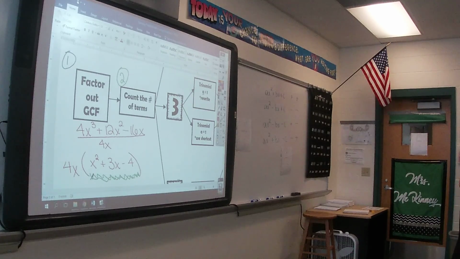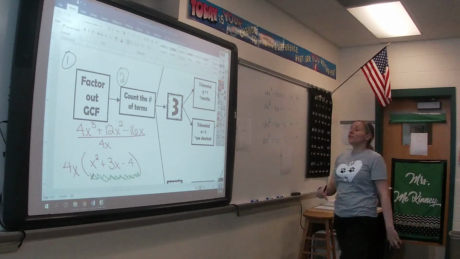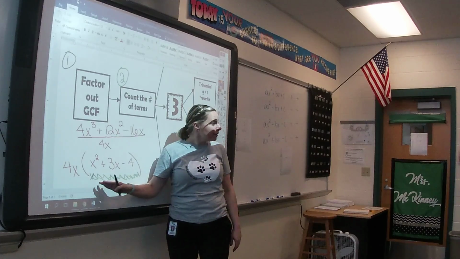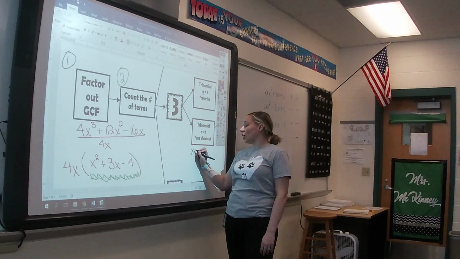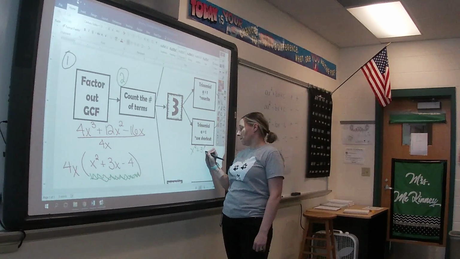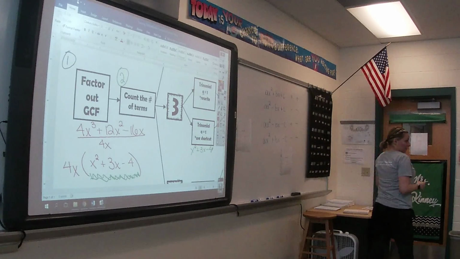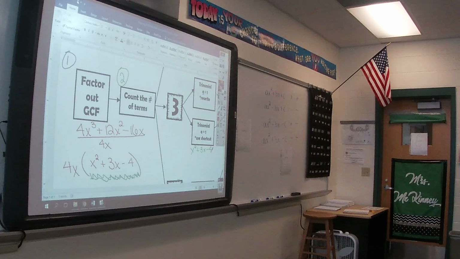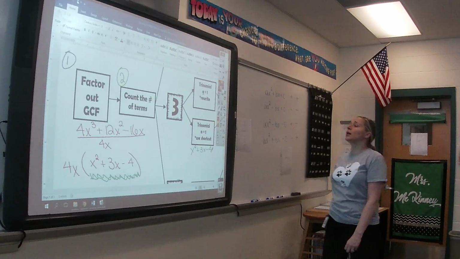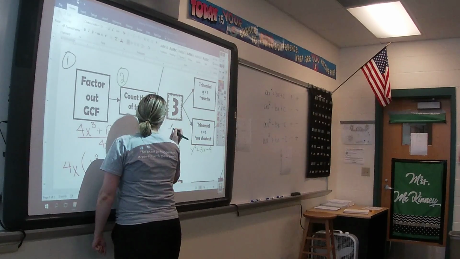But if a does equal 1, we focus on just that piece, and we can use a shortcut. So a times c, 1 times -4, is -4.